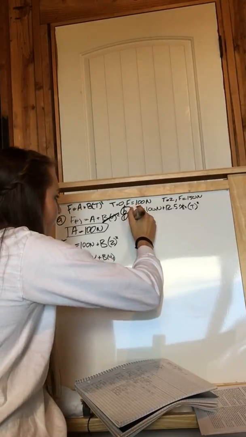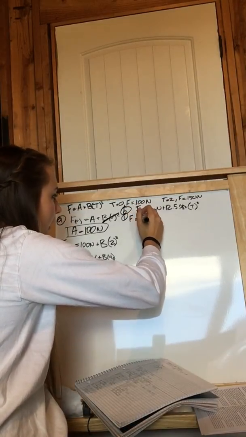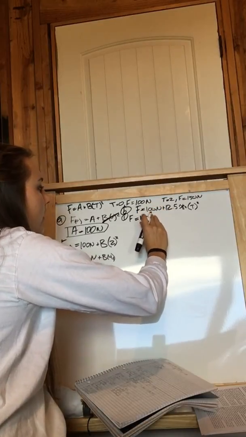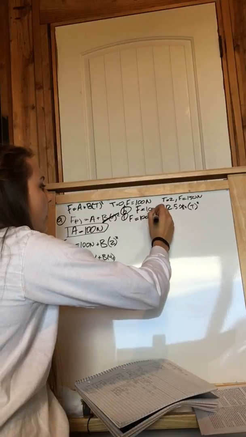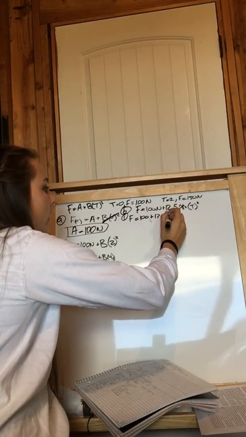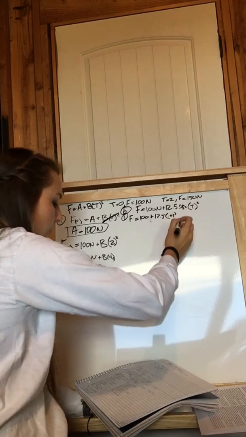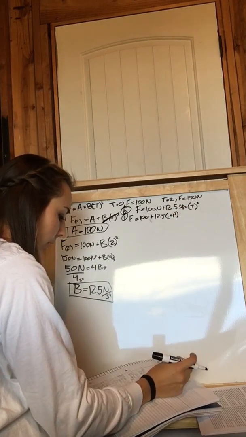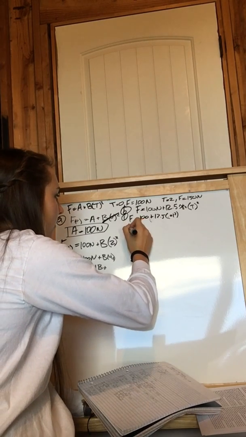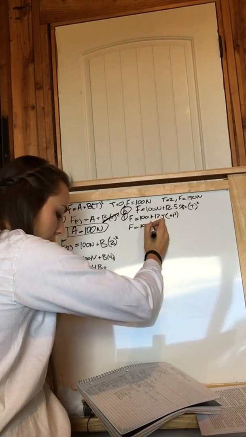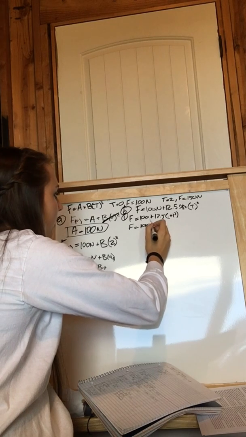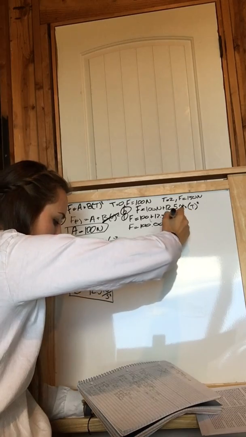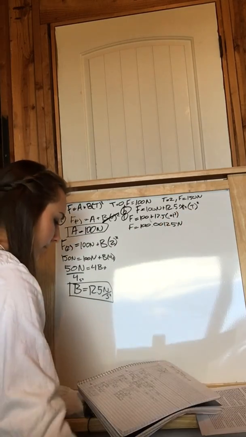So force is going to equal 100, and I'm going to leave off the SI units for now just to save time. 100 plus 12.5 times 0.01 squared. When you plug that in, you get F equals 100.00125 newtons.